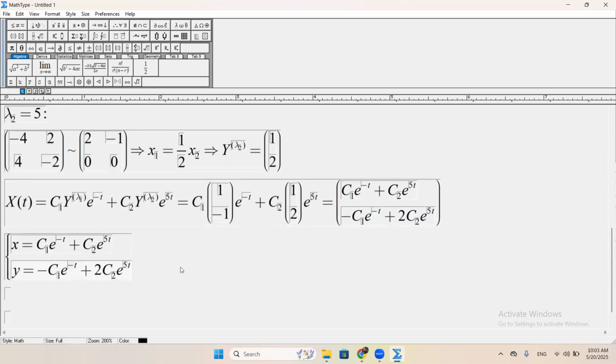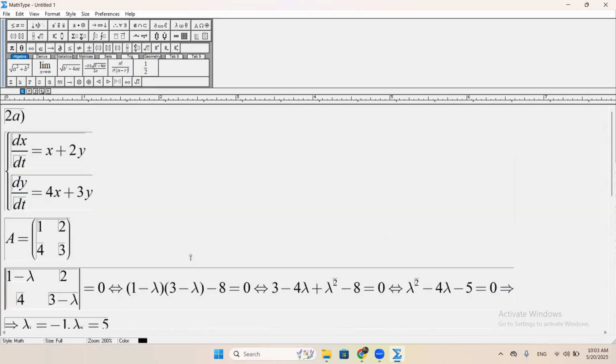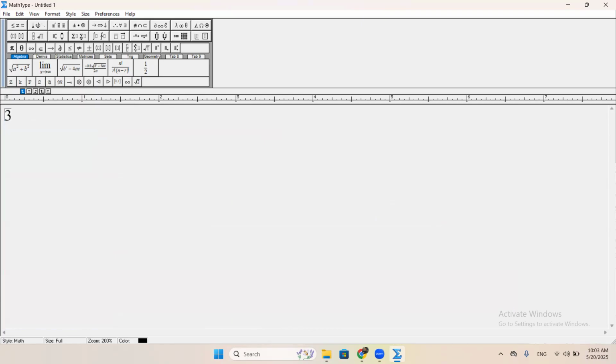So any questions about this exercise? No questions. Okay, if no questions, moving to the next.